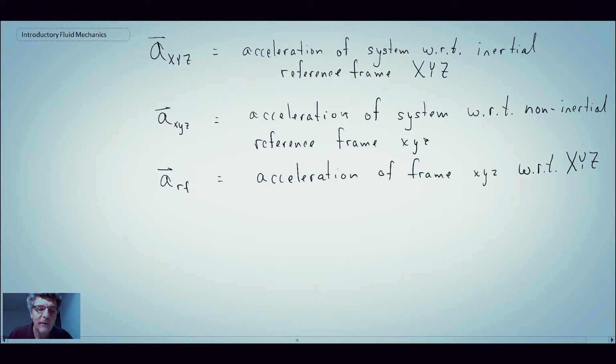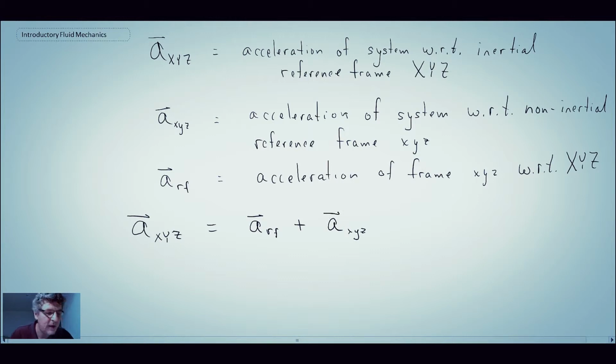Okay, so what we have, we've basically broken the acceleration vector with respect to the inertial reference frame. So that would be our fixed reference frame that we use capital X, Y, Z to express. That would be equal to, in two parts, one part would be the acceleration of our reference frame itself, A_RF, plus the acceleration of the system with respect to that reference frame.